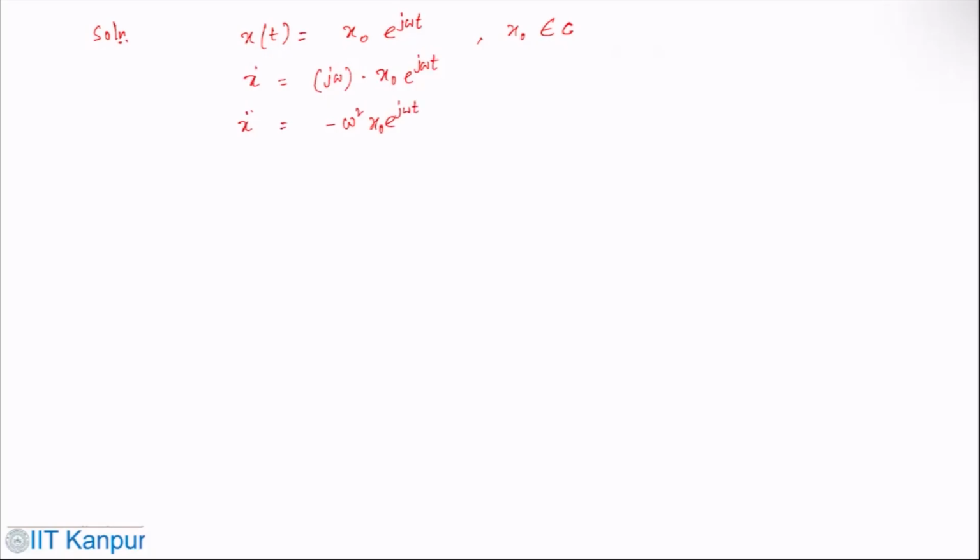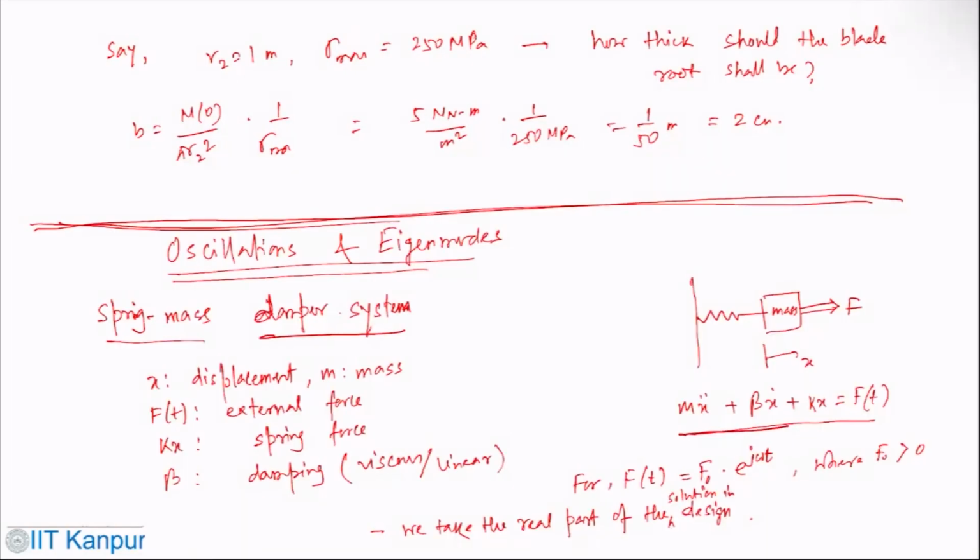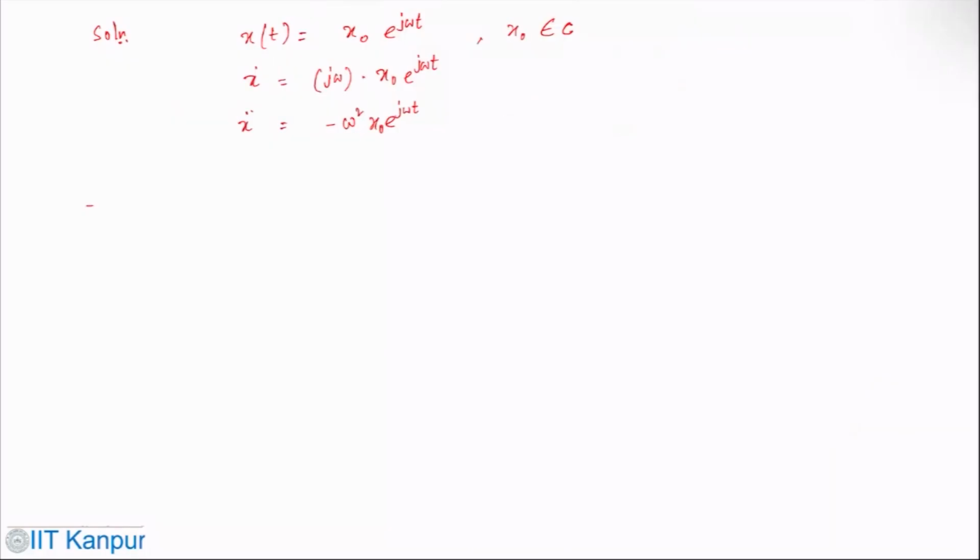Now if we put that back in the basic equation of the spring mass damper system, what we have is m times minus omega square x naught e to the power j omega t, plus beta j omega x naught e to the power j omega t, plus kappa x naught e to the power j omega t, equals f naught e to the power j omega t.